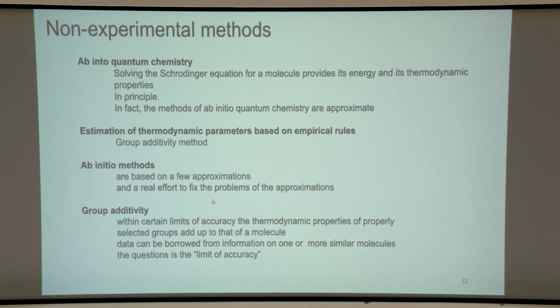Of course, we cannot really solve Schrodinger's equation for anything other than the hydrogen atom. So I'm not going to go into the details of quantum chemistry in these lectures, but we can just say everything we do today is an approximation of the Schrodinger equation. We'll show some of those approximations later on today.